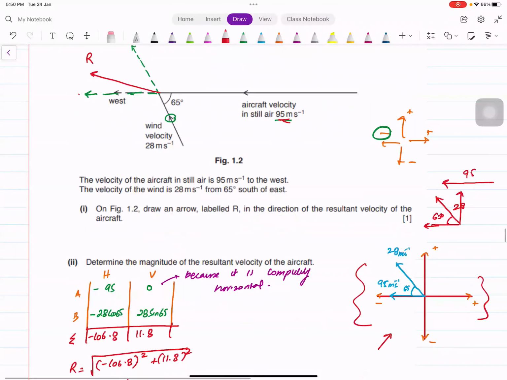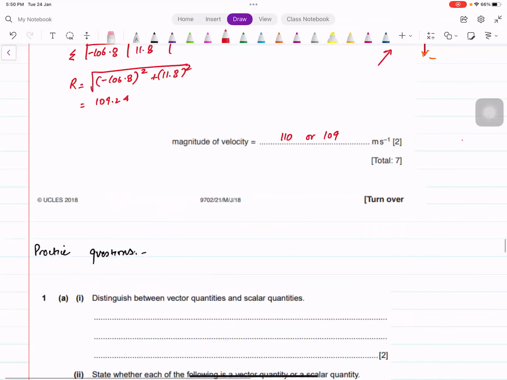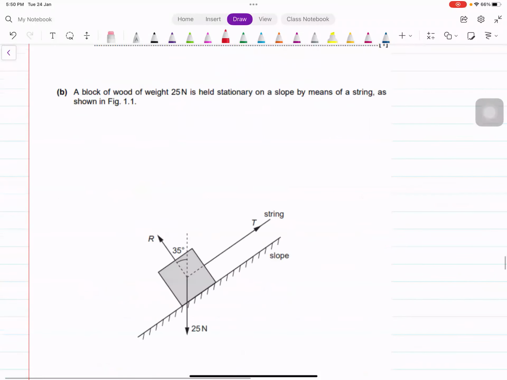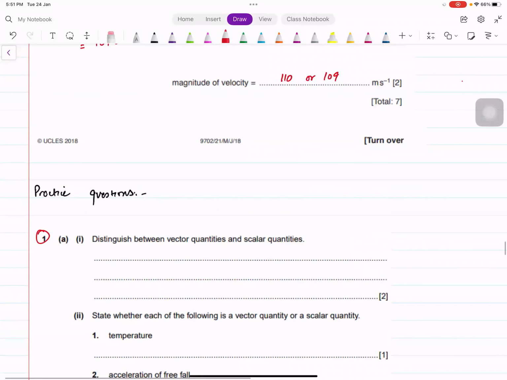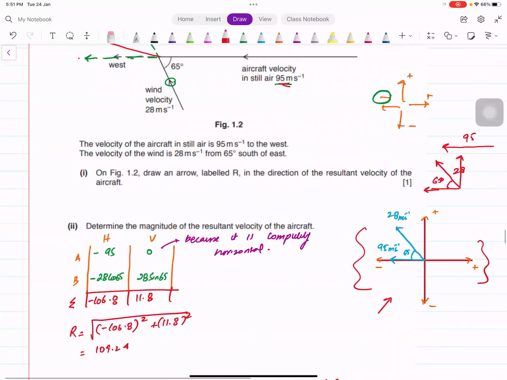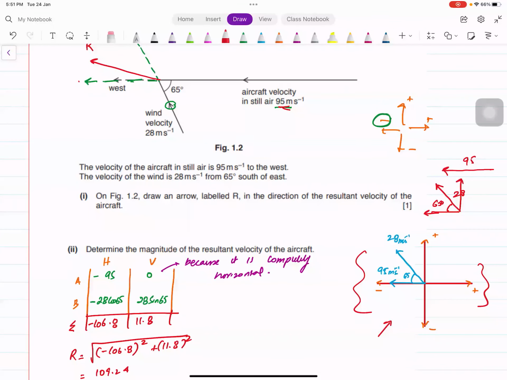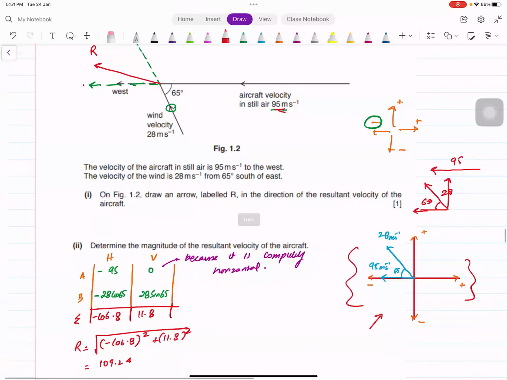Okay. Now, I wanted to solve this question. I'll do this, and then let's go forward. Distinguish between vector and scalar quantities. Yes, go ahead. All right, you guys please copy this.